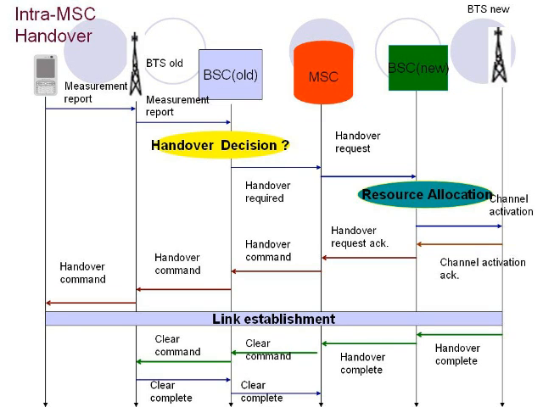After that, BSC new sends a handover request acknowledgement to the MSC, and MSC sends a handover command to the BSC old, and BSC old sends it to the BTS old, and BTS old sends it finally to the mobile station. After that, a link is established between the mobile station and the BTS new. That means the mobile station is under the control or supervision of the new BTS.